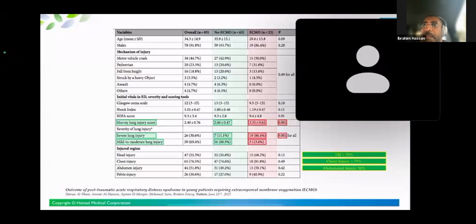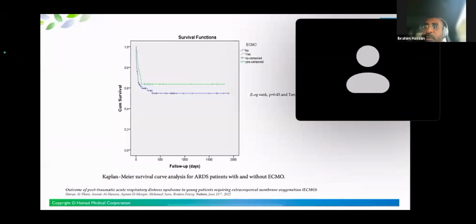And you can see the percentage of patients who have severe lung injury in the no ECMO group was very low, actually 11% versus 86% in the ECMO group. The reason for that, I think, again, is that few patients had injury to the airway and one had ECMO. But the rest is 19. Their injury score was pretty much a Murray score of 4. Yeah, so I think that also has some contribution.